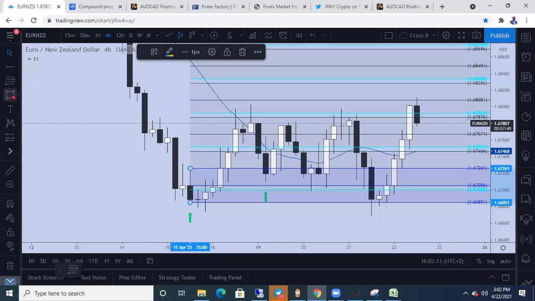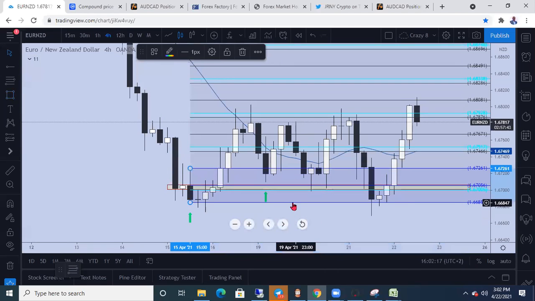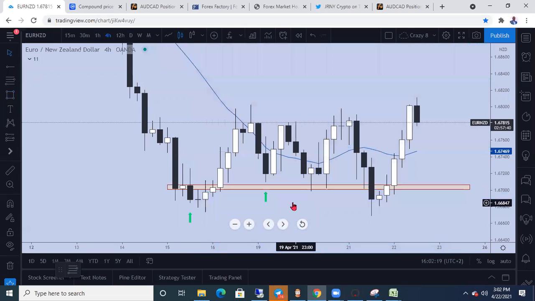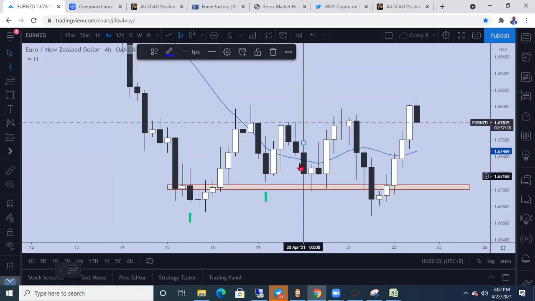So I'm going to put my box here, and this is my zone. I'm going to take off this H4PC, right? So this is my zone. I had one entry, second entry, and price came back. So pretty much from this area, we started looking for reasons to buy from 3 p.m. UTC plus 2, 20th of April.